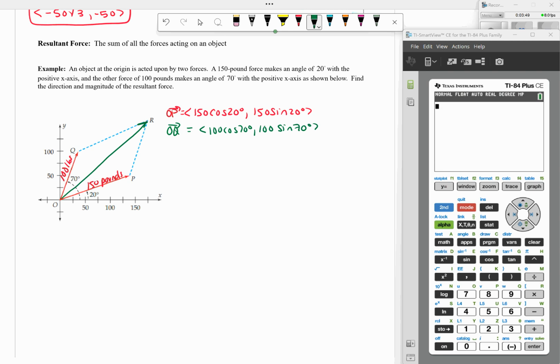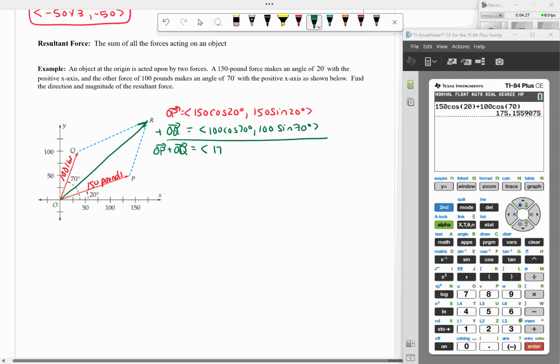Once we get our component form, remember that to find the resultant force, we add the horizontal and vertical components together. So this is going to give us OP plus OQ. We can just type this in the calculator. So 150 times the cosine of 20 plus 100 times the cosine of 70 for the horizontal component.